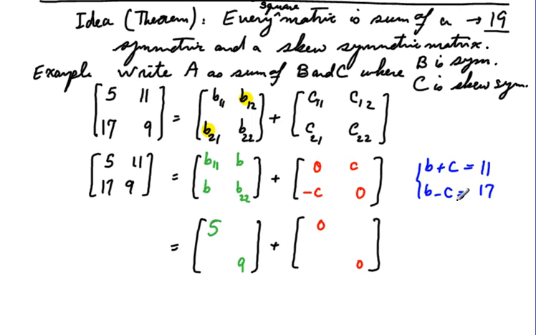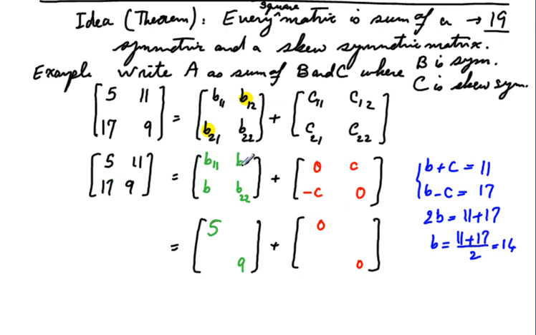So the sum of two numbers is 11. The difference of them is 17. However you do it, what is B? Well, let's just do it some way. You add these two up, so it becomes 2B is equal to 11 plus 17. So B is 11 plus 17 over 2, which is what? So this entry is the average of this and its sister entry.